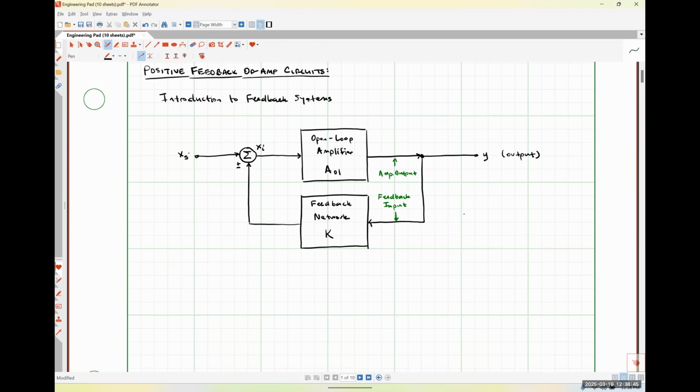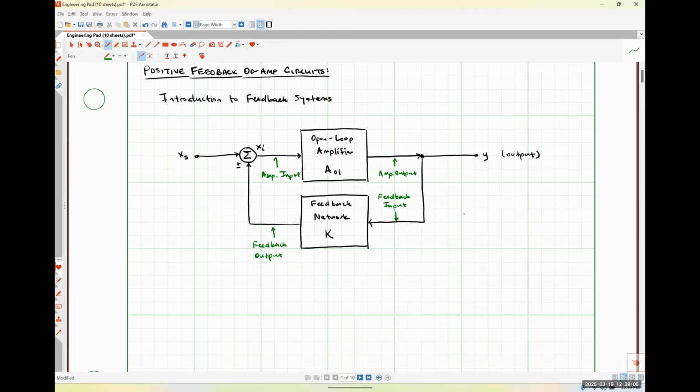Let me label a couple of things here really quickly. So this portion right here is my feedback output. This portion right here is my amplifier input.